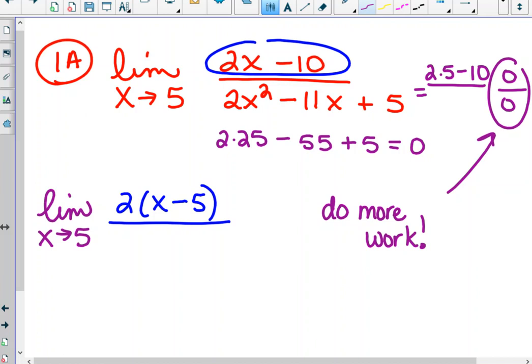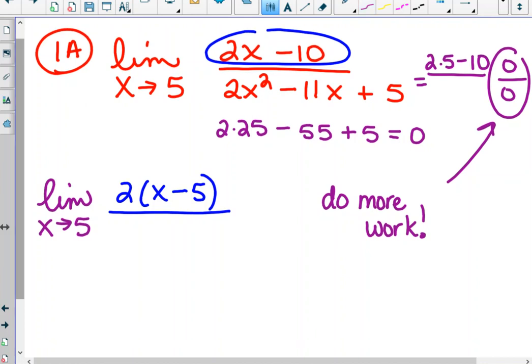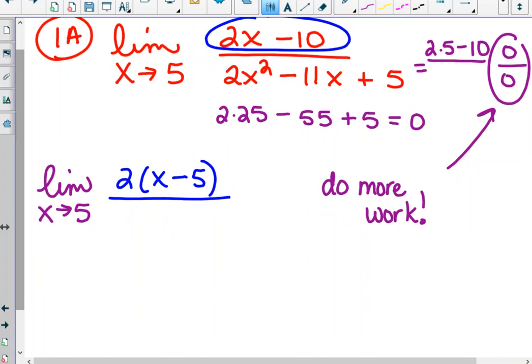When I substitute a 5 in, that makes the 0, and 0 times 2 makes the 0 in the numerator. So I'm going to expect that same factor to be somewhere down here to be able to divide up. All right, so let's do some factoring.